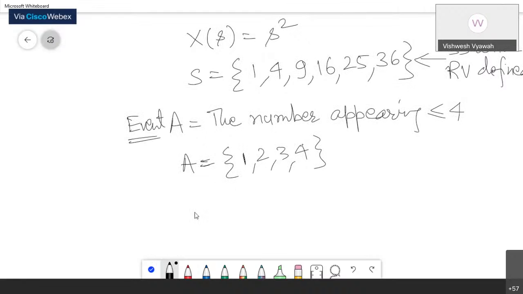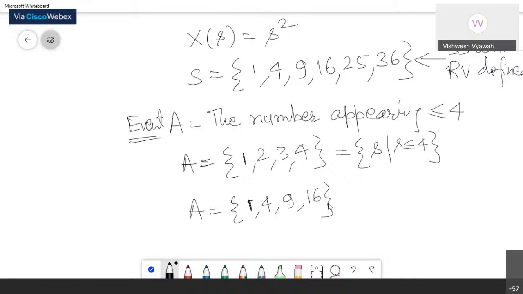Now, how do I define this in terms of the defined random variable? After the random variable is defined, you will write it as 1, 4, 9, 16. Is it okay? Fine. Now I am going to write it in a different way. This contains all the outcomes small s, which are elements of S, such that s is less than or equal to 4.